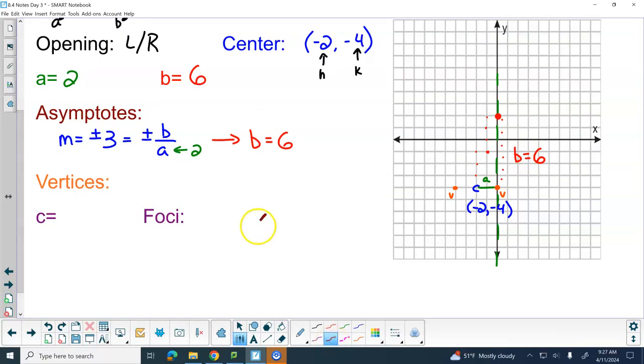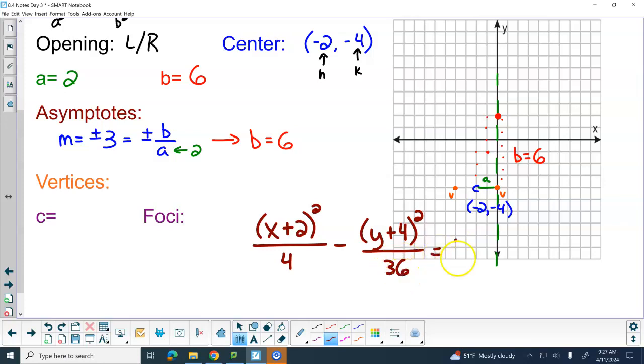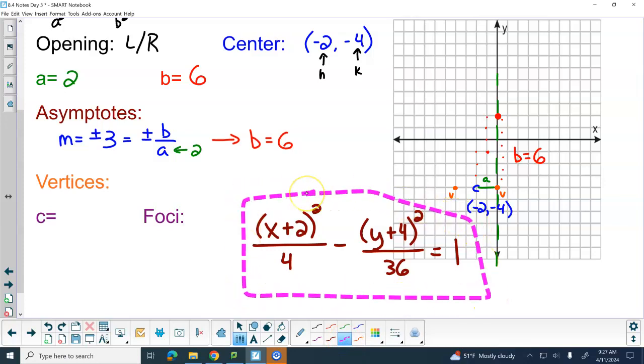So this is going to be x plus 2, because it's really minus negative 2, quantity squared, all over a squared, so that's going to be 4, minus y minus k, so that's really y plus 4, quantity squared, all over b squared, that's 36, is equal to 1. That's what we need. Okay?